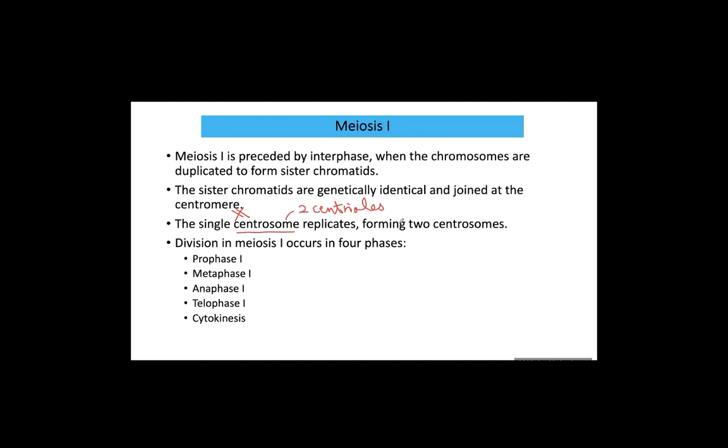From the centrosome, a spindle fiber, a kind of string called spindle microtubule, is produced, and this spindle microtubule is going to attach to the centromere later. Meiosis 1 can be divided into 4 phases: prophase 1, metaphase 1, anaphase 1, telophase 1, followed by cytokinesis.